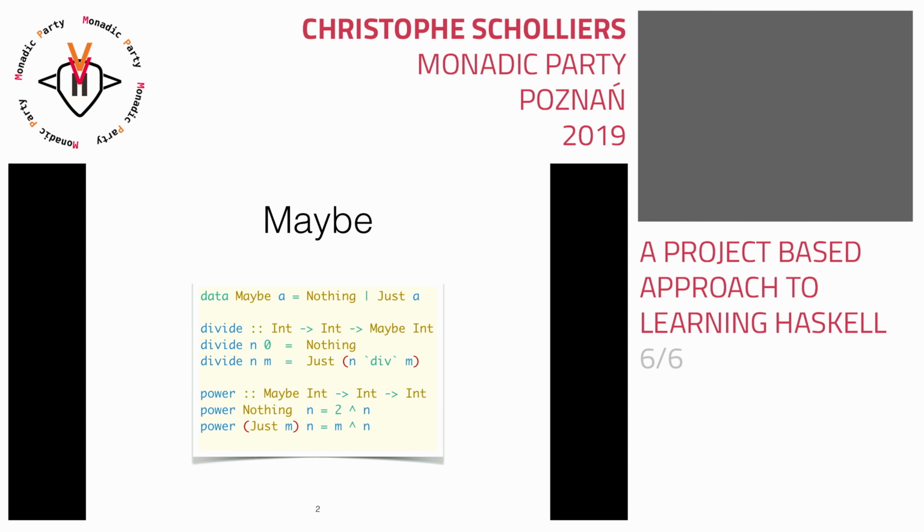And so in this case, we have to return something, although here we receive Nothing. So it's like a default argument that we implemented here. If we don't provide anything, we just take 2 to the power n, and otherwise we take the provided value m, and we take m to the power n. Okay?